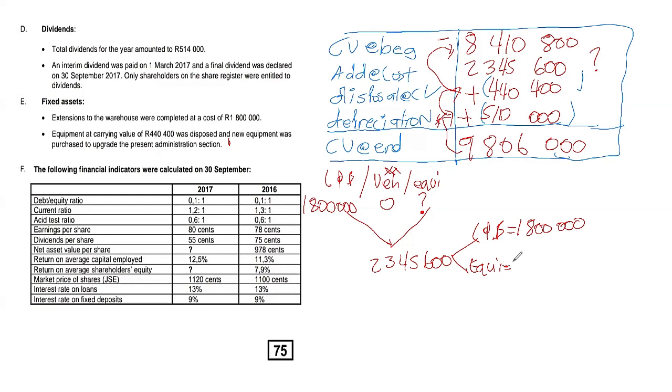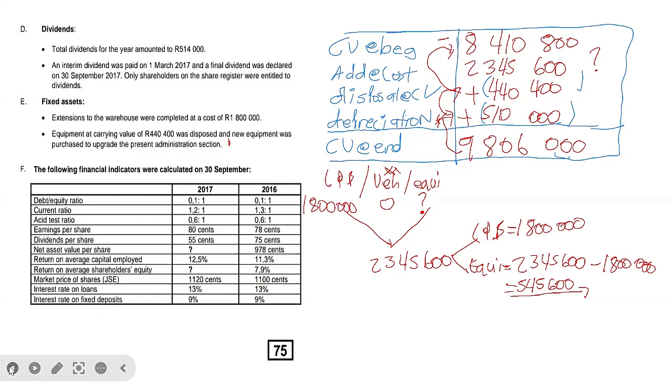Therefore, it's going to be 2,345,600 minus 1,800,000. So our cost for equipment is 545,600. So our cost for additional equipment bought was 545,600.